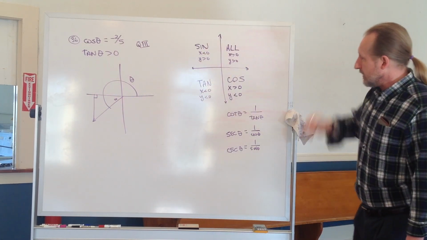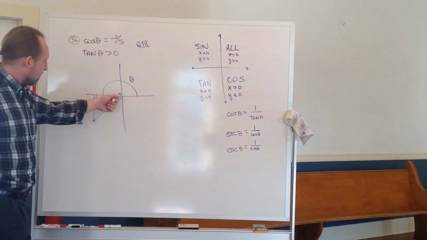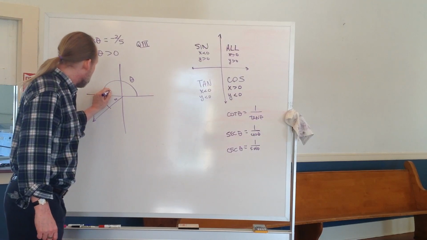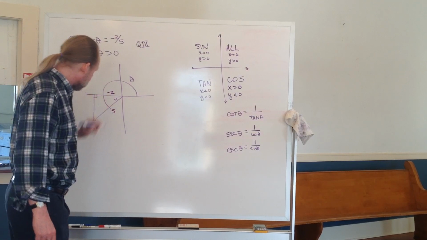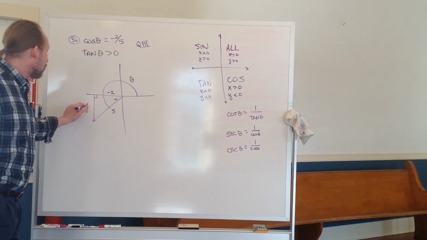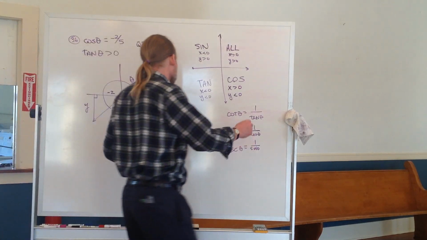Okay? Let's see, the cosine, which is the side adjacent over the hypotenuse, is -2/5. So this side is -2, the hypotenuse is +5. We'll find this y value, which will also be negative, by using the Pythagorean theorem.